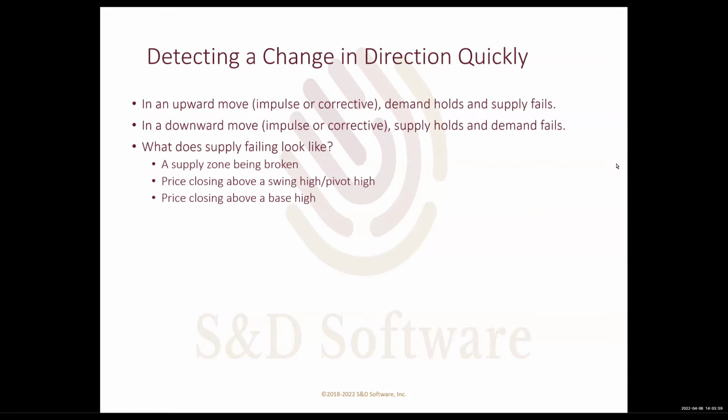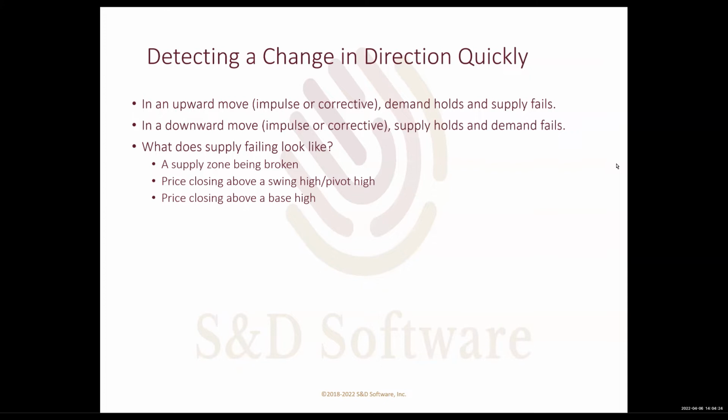But if price comes and closes above our swing high, then that supply, however much was there, is broken and is gone. Now, in the case of a base high, we had a base, and we know that whenever we have a base, we have supply above the base and we have demand below the base.